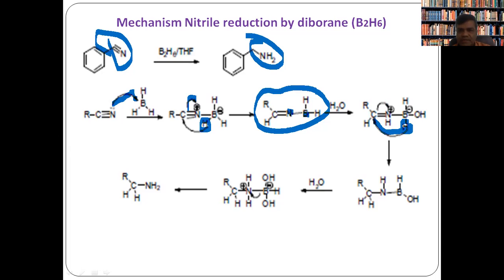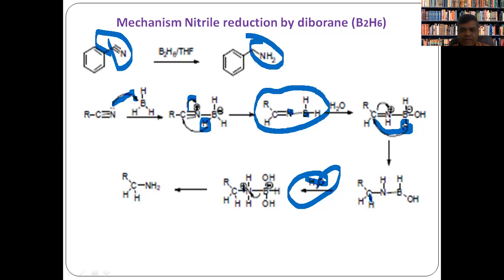See, this carbon hydrogen bond is formed. After that, again hydrolysis. Again the same type of reaction will take place. H positive goes to the nitrogen, OH negative goes to the boron, and I will get this one.